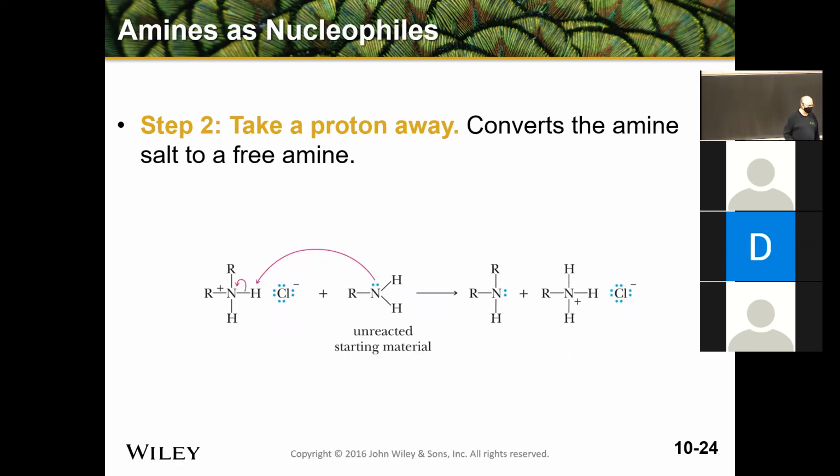If there is an excess of amine, then we have another acid-base reaction that takes place. If we have unreacted starting material, this can pick up a proton. We get the neutral secondary amine in this case, and then a primary amine salt.